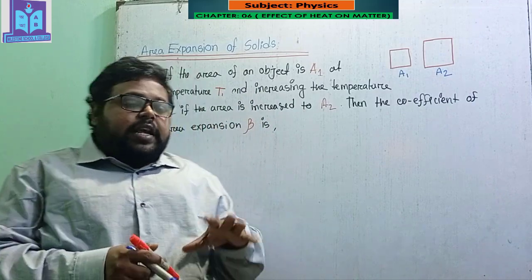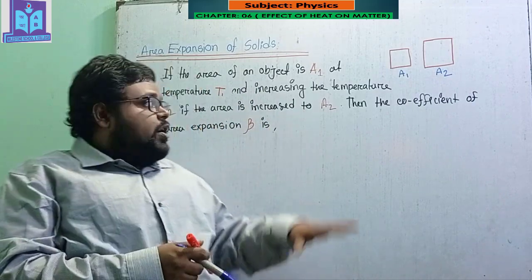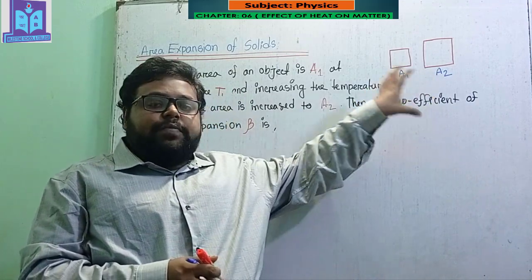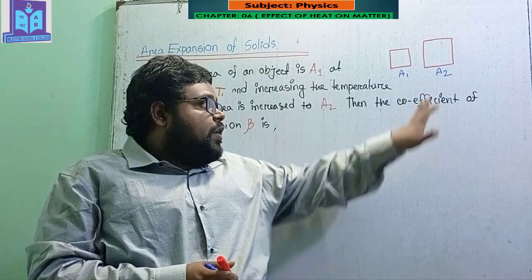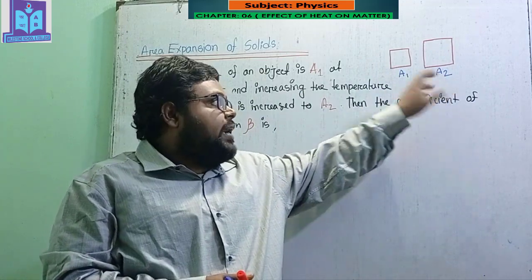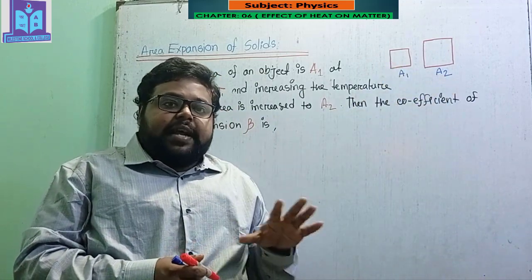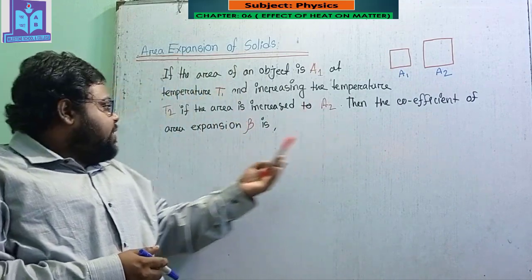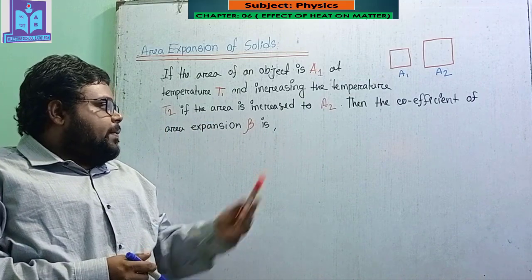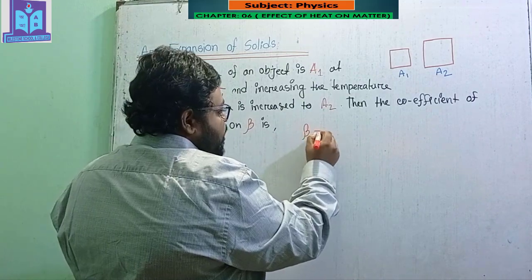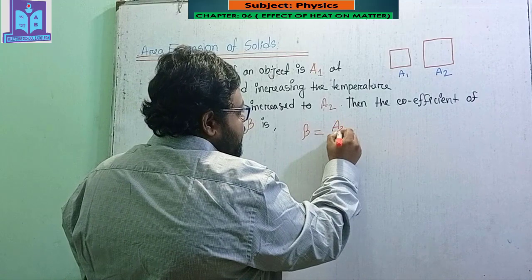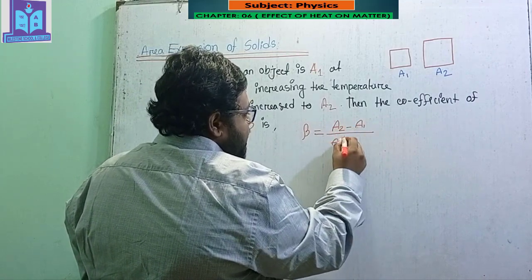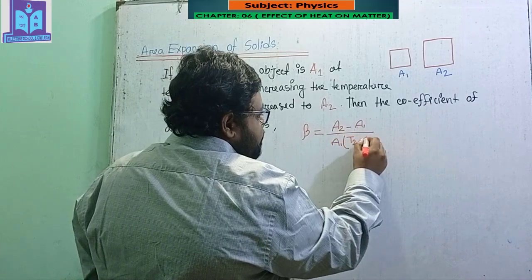That means if we increase the temperature from T1 to T2, then the area of that object will be increased from A1 to A2, and in this figure you can see that. Okay, then the coefficient of area expansion beta equals A2 minus A1 divided by A1 into T2 minus T1.